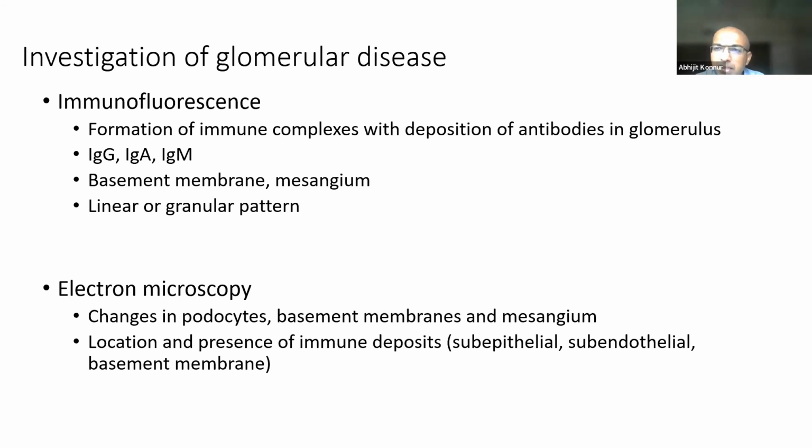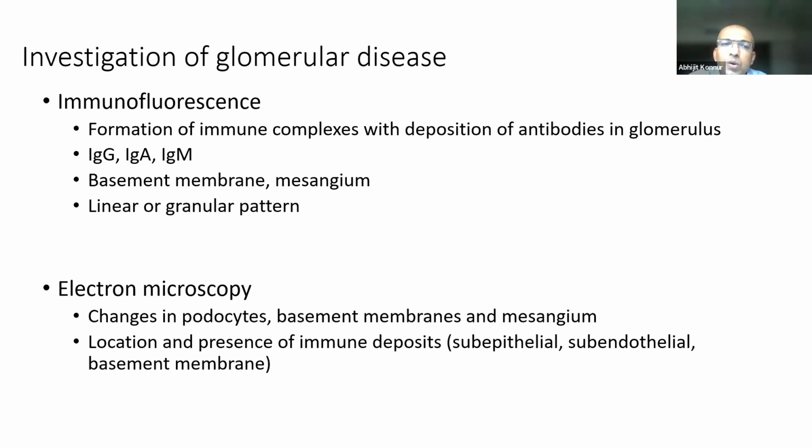And lastly, in some special cases, we definitely want to look out for changes in podocytes, basement membrane, and mesangium. Now, electron microscopy is extremely important for us to find out those rare causes of steroid-resistant nephrotic syndromes, or those where we usually don't get a clue and are not able to understand the final diagnosis, like fibrin deposition, fibronectin nephropathy, collagen vascular disease.